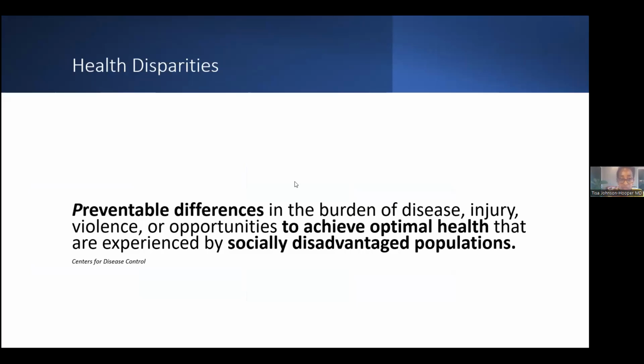So let's begin by defining the term health disparities. According to the Centers for Disease Control and Prevention, health disparities are preventable differences in the burden of disease, injury, violence, or opportunities to achieve optimal health that are experienced by socially disadvantaged populations. Health disparities are influenced and can surface due to the social determinants of health.